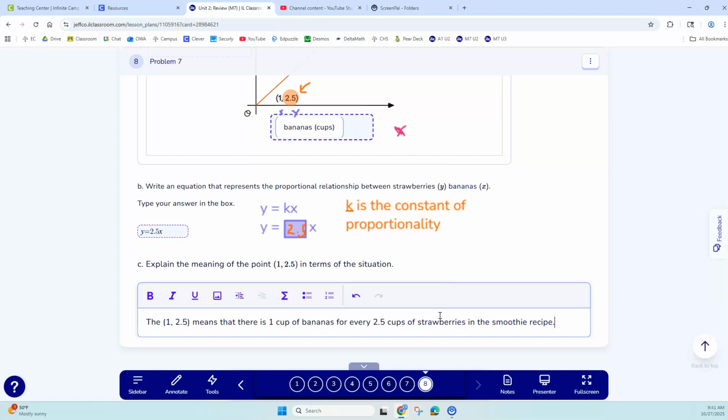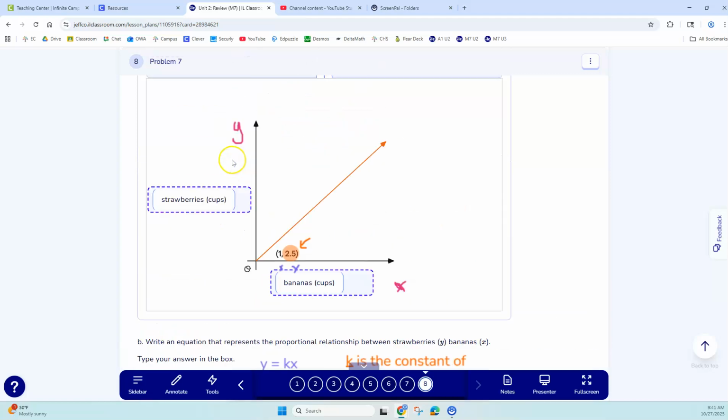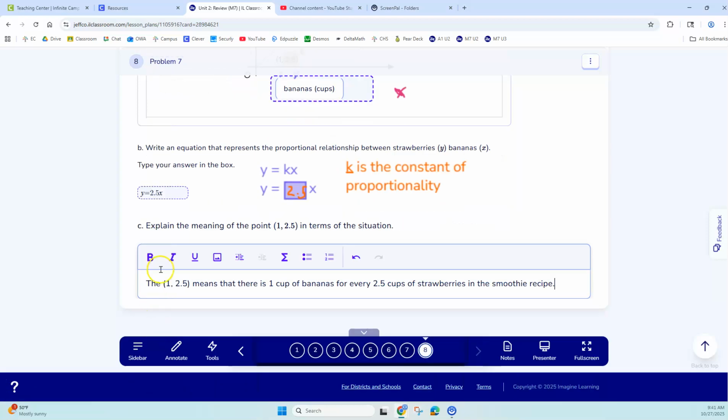You can phrase this differently. It doesn't have to be word for word like mine. Just that you know what it means. The 1 represents the cups of bananas. The 2.5 represents the cups of strawberries, and every 1 banana added adds 2.5 cups of strawberries. And there you go.